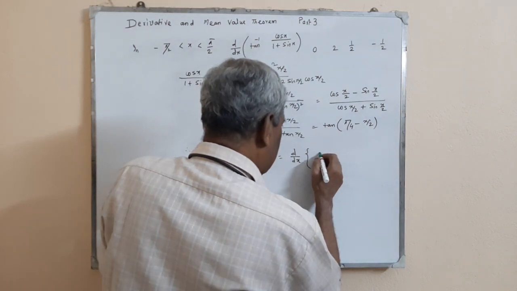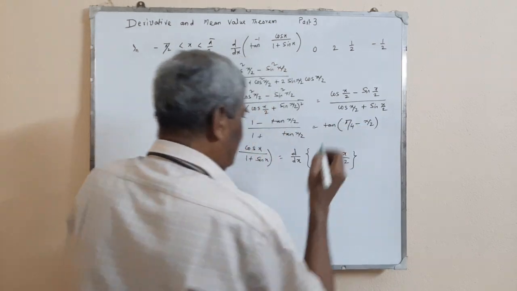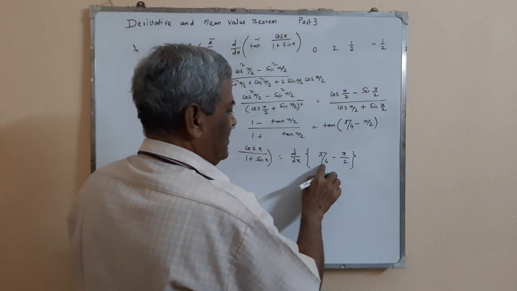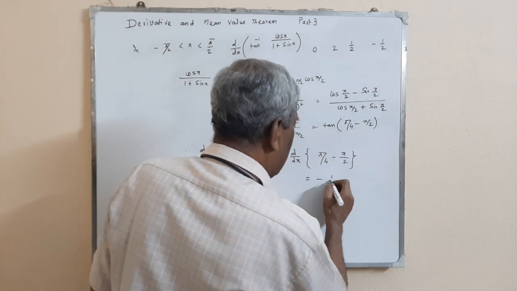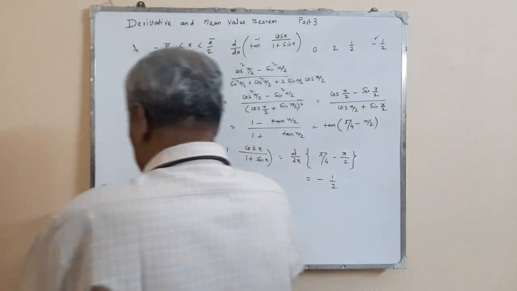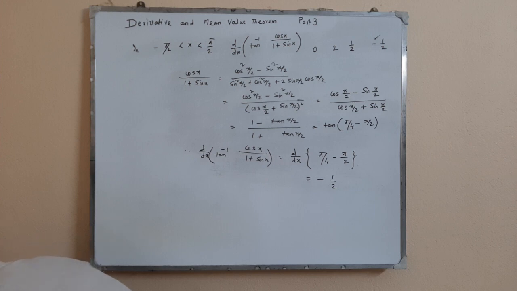So it becomes pi by 4 minus x by 2. Now the derivative of pi by 4 is 0 and the derivative of minus x by 2 is minus half. So minus half is the answer. Fourth option is correct. Next.